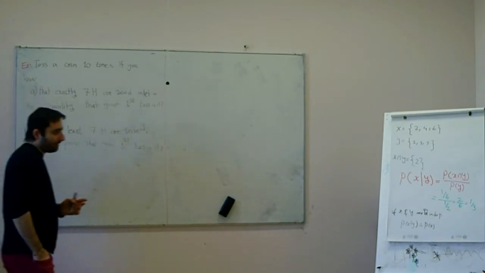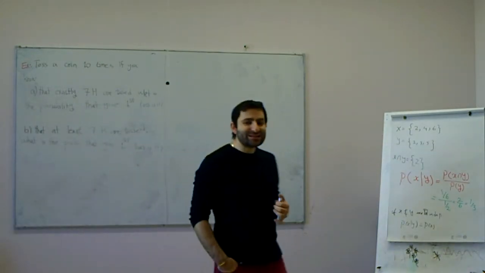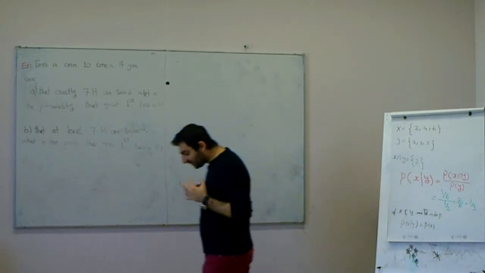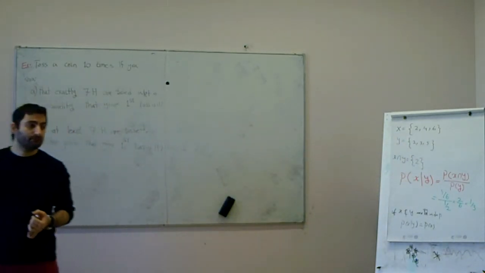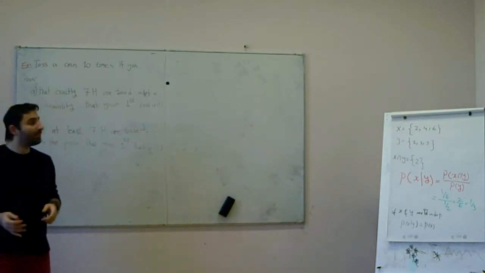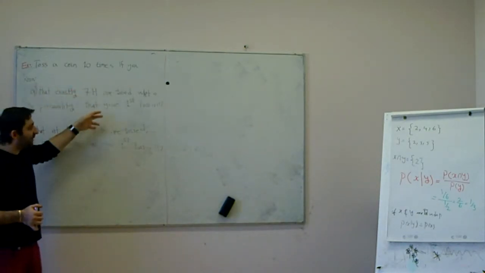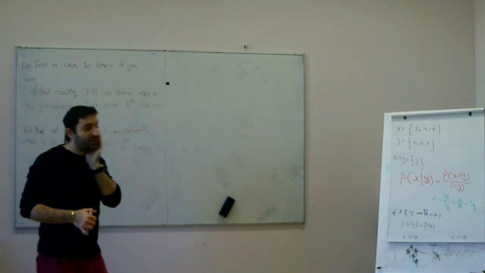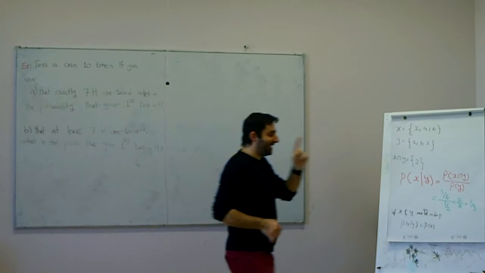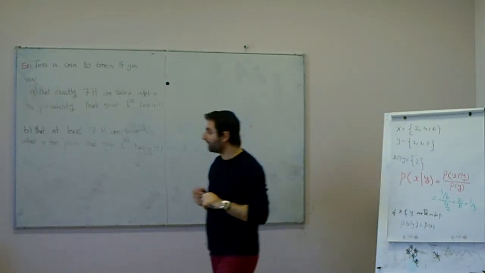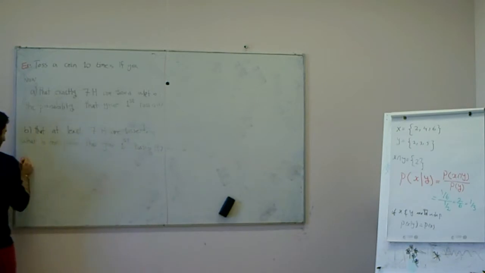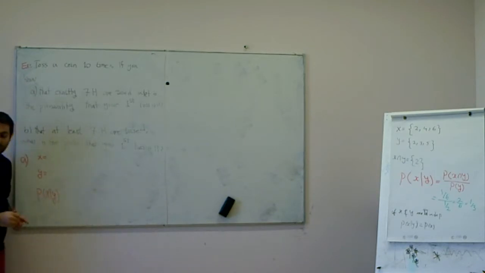So, can you see that this is a conditional probability? It's conditional probability because we have conditions. So, it is important to find out what is X, what is Y. We are talking about part A. Tell me what is X and what is Y, because we want to calculate probability of X given Y. What is X and what is Y?